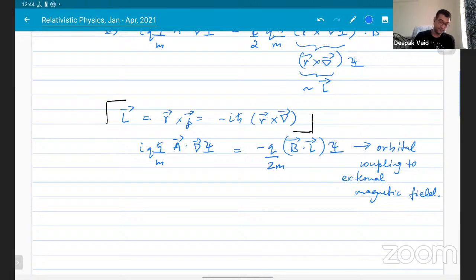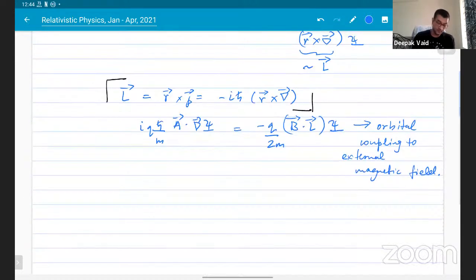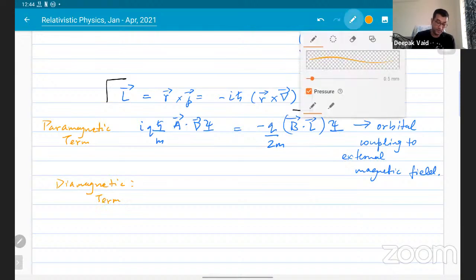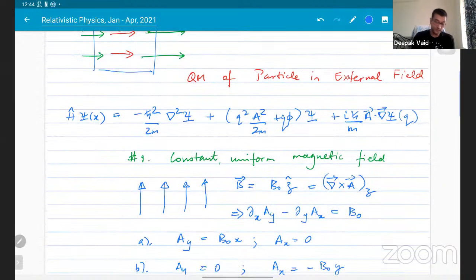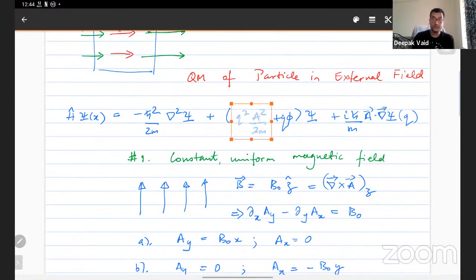And this term is also known as the paramagnetic term. And then we have another term which is called the diamagnetic term. And which one was that? That is this expression q A squared by 2.